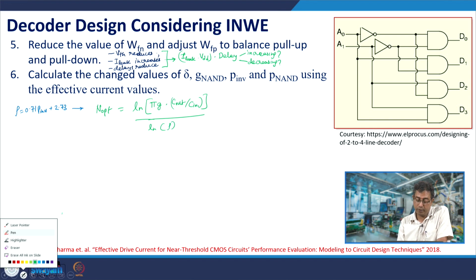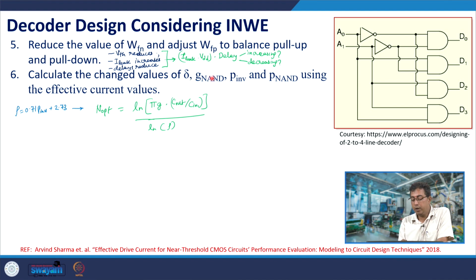So, this we have done for the new values of intrinsic delay, logical effort, parasitic delays, which correspond to the new values of WFN and WFP. Okay. So, now we have got the new number of stages.